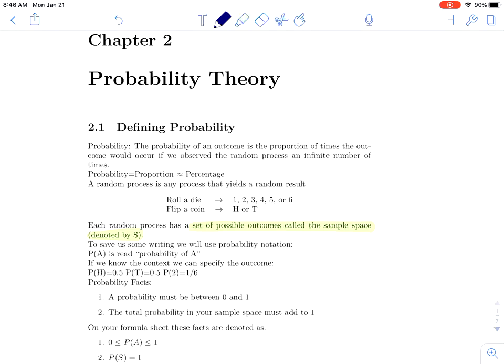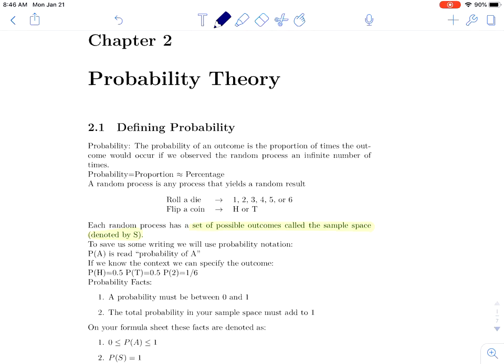One thing that's not glaringly obvious until you point it out is that the words probability, proportion, and even percentage, we can use interchangeably. So all these, the 3 P's, they're all roughly the same, right? Probability is roughly equal to percentage, because a proportion times 100% is a percentage.